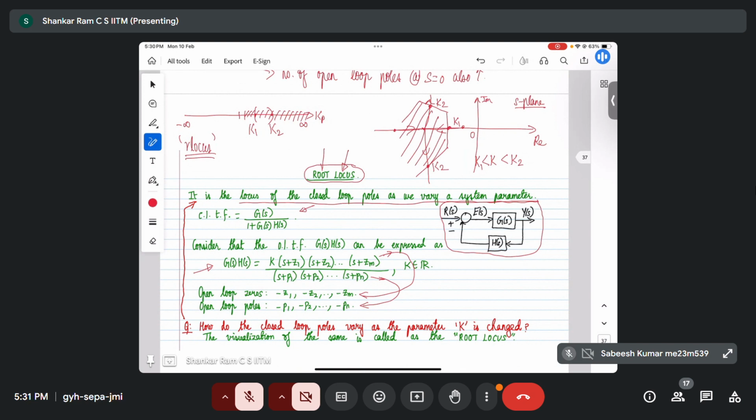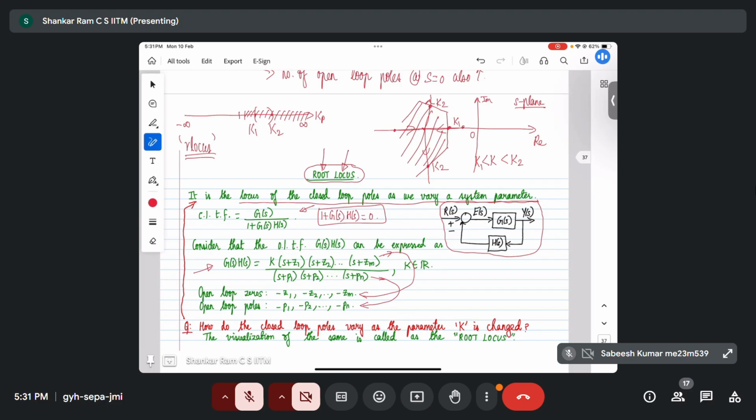What is this root in root locus? Root in root locus means it is the locus of the roots of the closed loop characteristic polynomial, which is 1 + G(s)H(s). Because as we know, the closed loop poles are the solution of the equation 1 + G(s)H(s) = 0. So the solution of this equation are the closed loop poles.